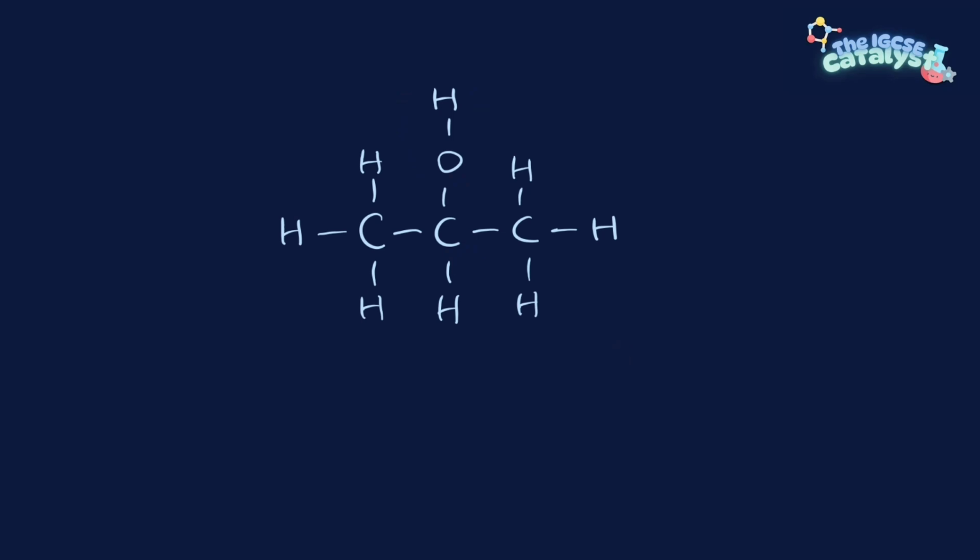Alright, we will try numbering the carbon atoms so that the OH group gets the lowest number. If we number it like this, the OH group is connected to carbon number 2. This is the lowest number we can get since this carbon is in the middle.